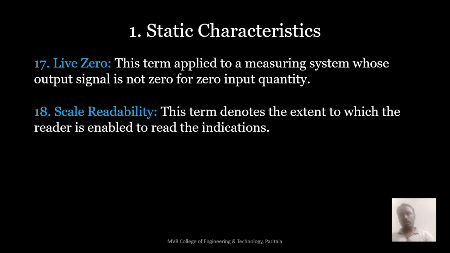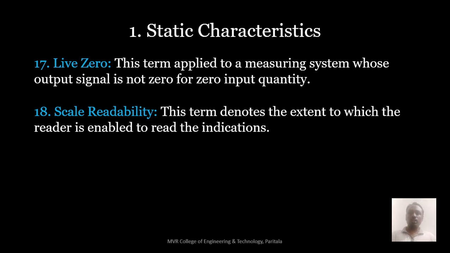But in the analog it is not possible. We can only say, by seeing if the needle is in between 2 values, we can place 0.5. Otherwise, if it is at 75%, then we can place 0.75. We don't know whether it was 0.75 or 0.7 or 0.8, so it is not accurate.